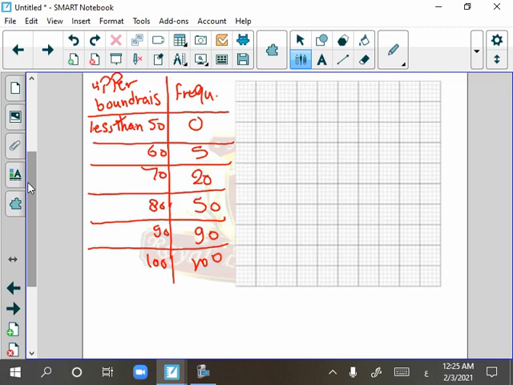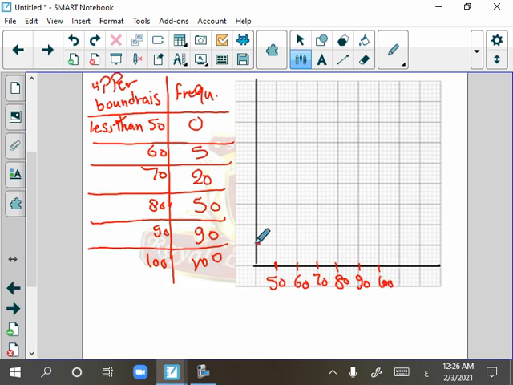How can we represent our table on graph paper? Okay, we will draw our axes. First we write less than 50, 60, 70, 80, 90, and finally 100.